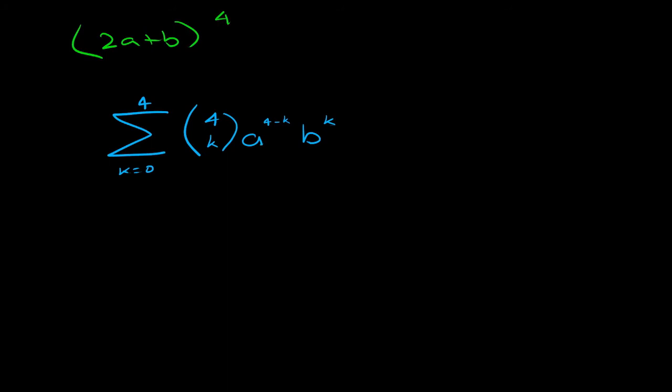Well, what's a? a is, in this case, 2a. So we can rewrite this as the sum for k equals 0 to 4 of 4 choose k times 2a to the power 4 minus k times b to the power k.